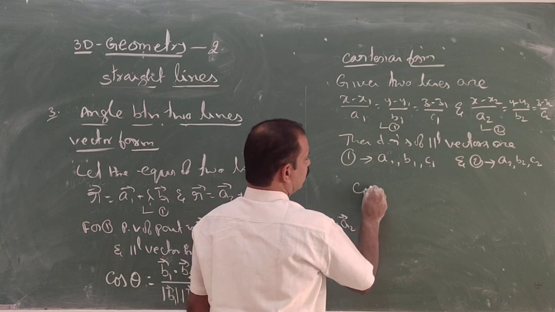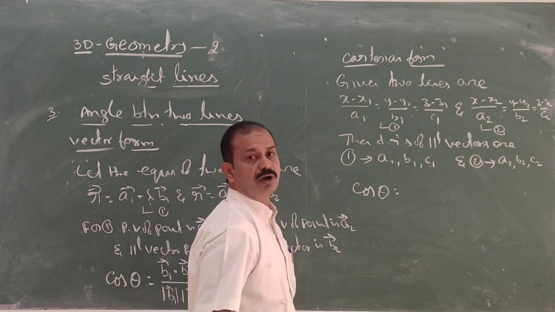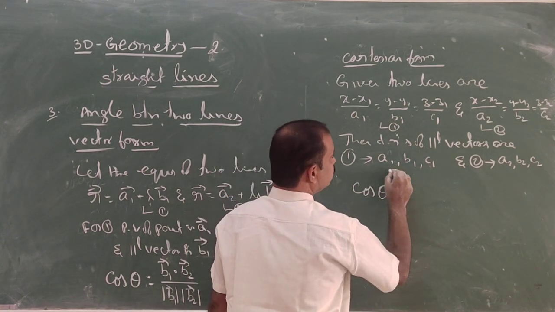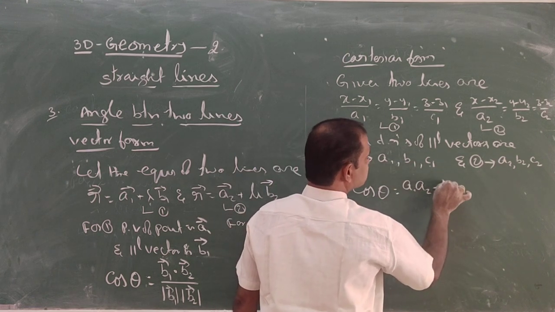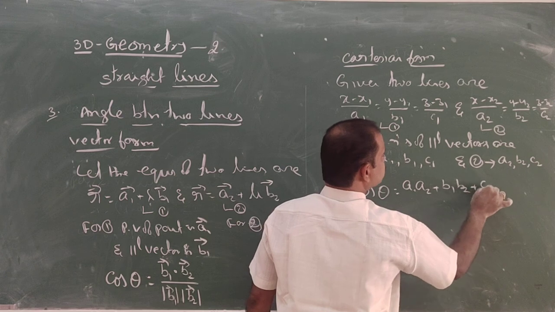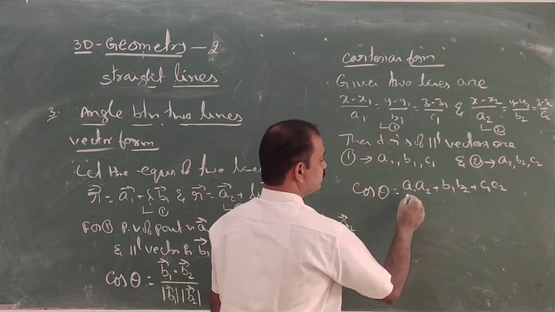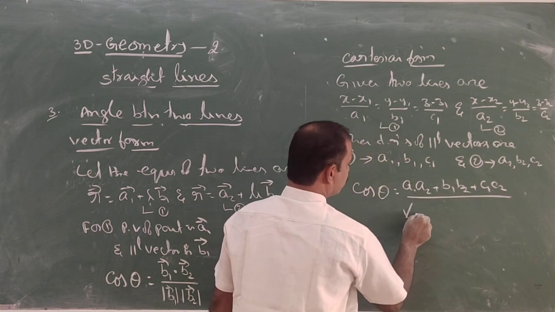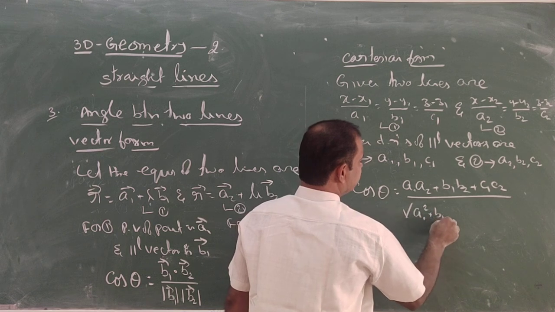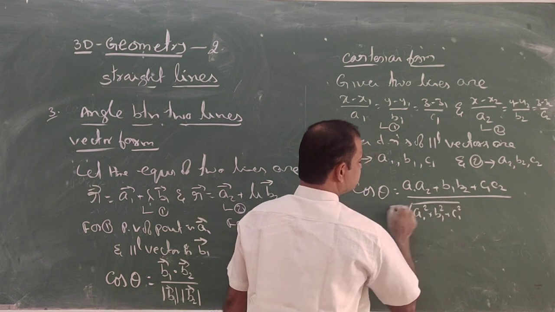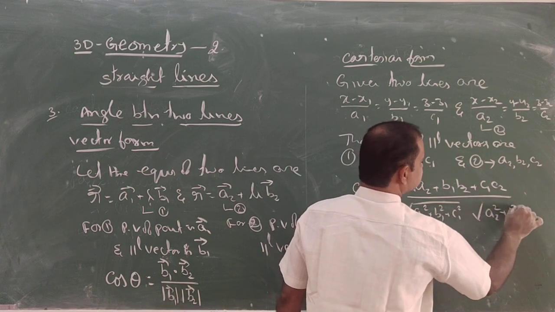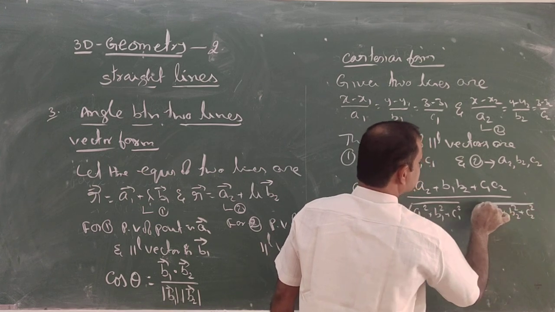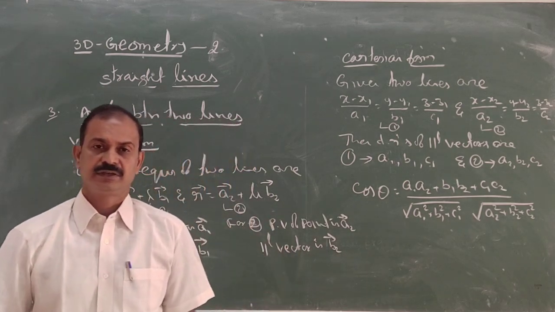Then cos theta is equal to (a1 a2 plus b1 b2 plus c1 c2) divided by the square root of (a1 square plus b1 square plus c1 square) into (a2 square plus b2 square plus c2 square).